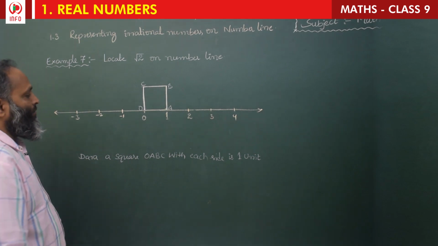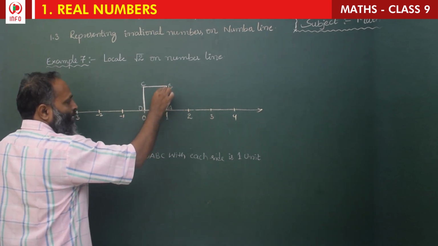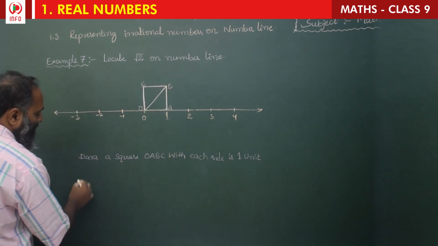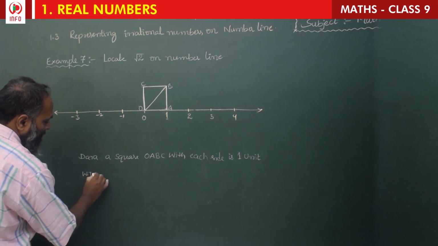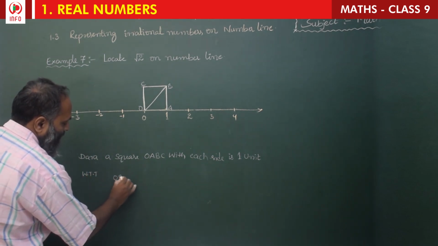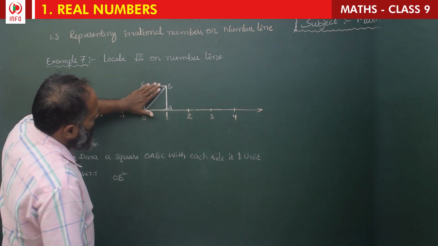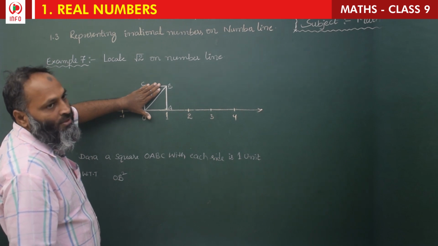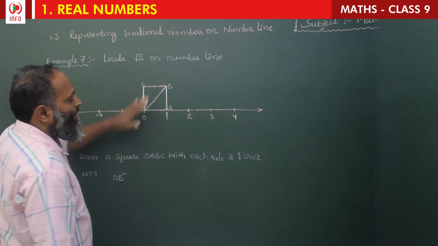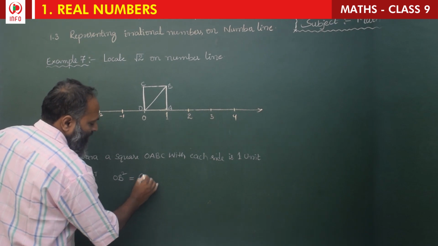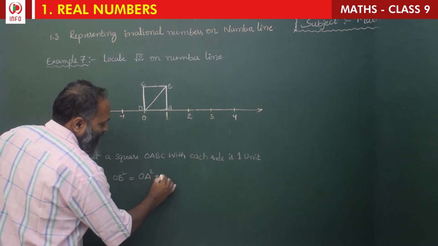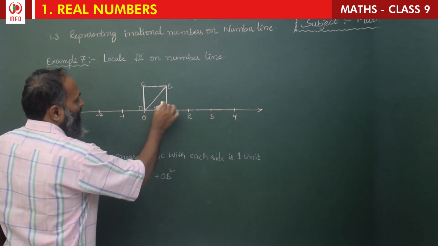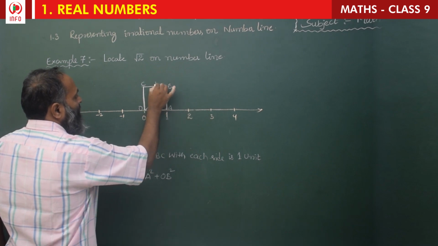According to Pythagoras theorem, OB square, so this is our OB. What is OB? The diagonal. OB square is equal to the sum of the squares of two perpendicular sides, that is OA square plus AB square.